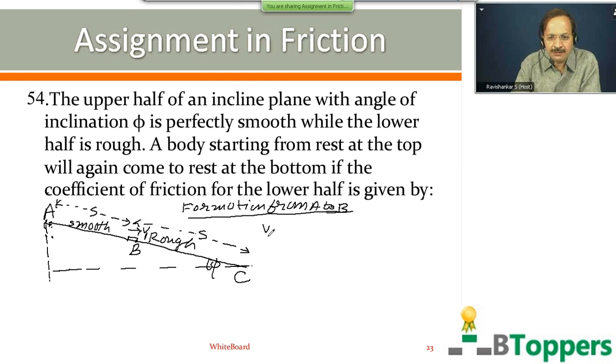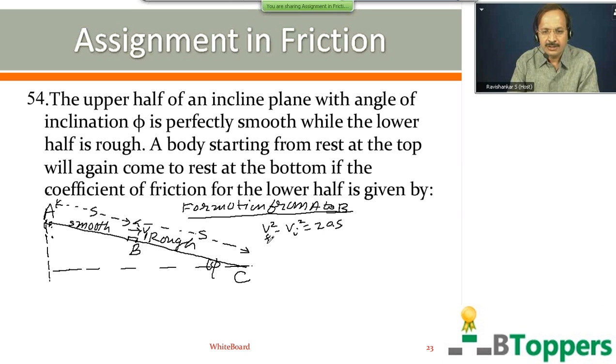So if you use the formula Vf square minus Vi square is equal to 2as. Here S is the magnitude of displacement for motion down the smooth inclined plane. The magnitude of displacement for motion down the rough inclined plane is also equal to S. That means the length of the smooth part is the same as the length of the rough part, so the total length of the inclined plane is S plus S, or 2S.